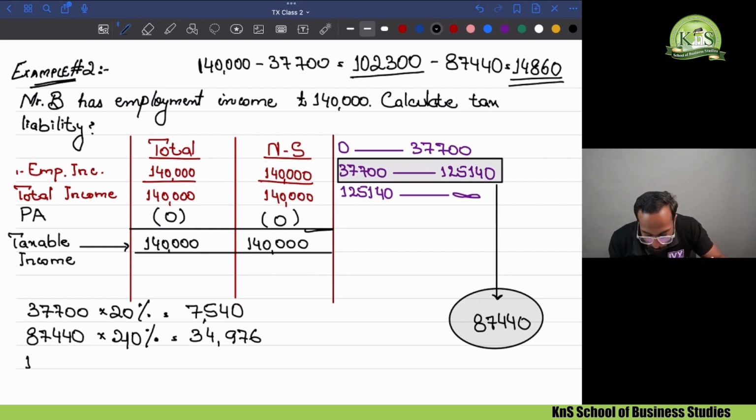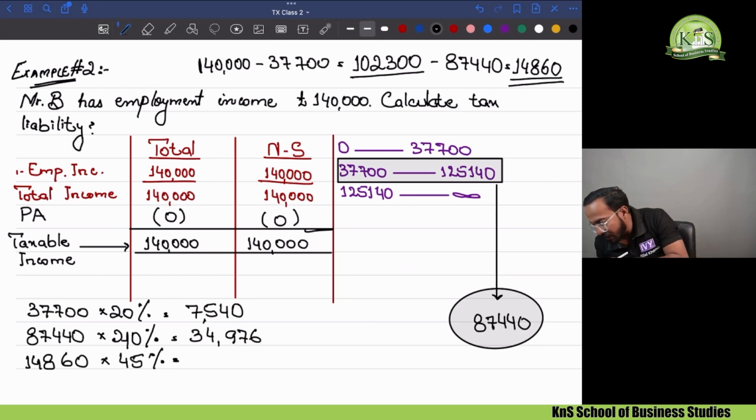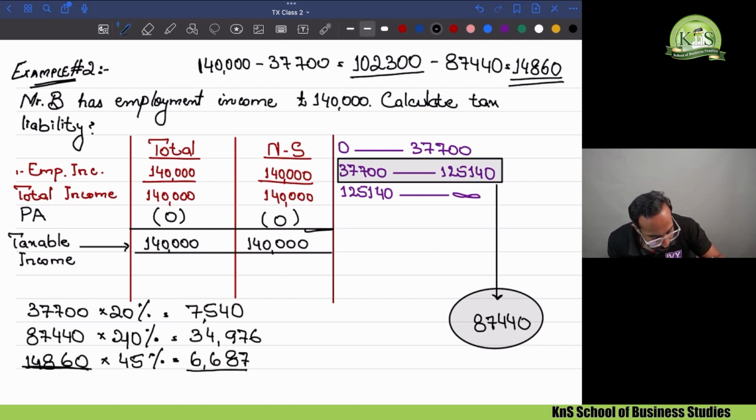Now you will go for this as well. As you know, non-saving income will be taxed at 45% for the additional rate, which gives 6,687. Just add both things.